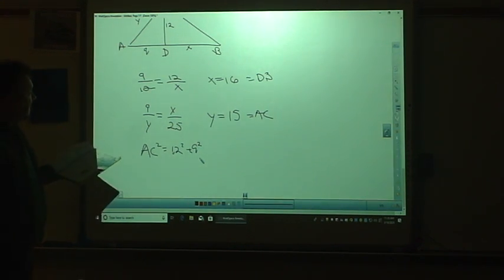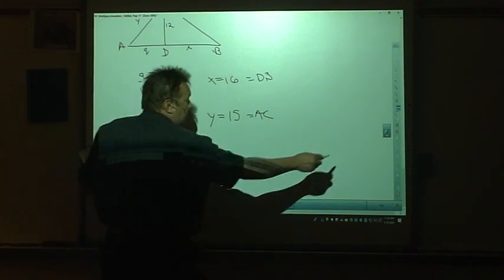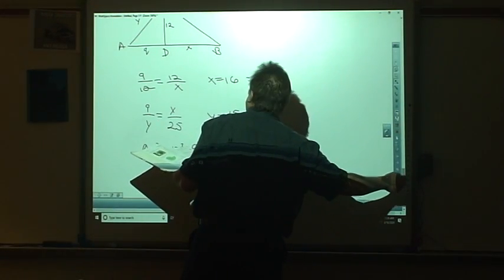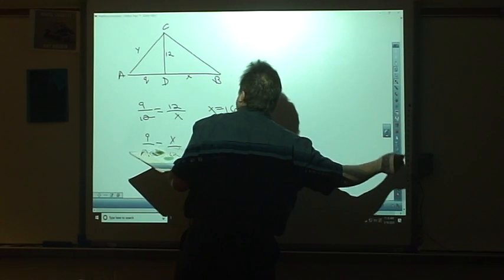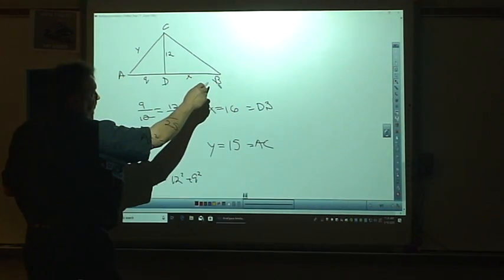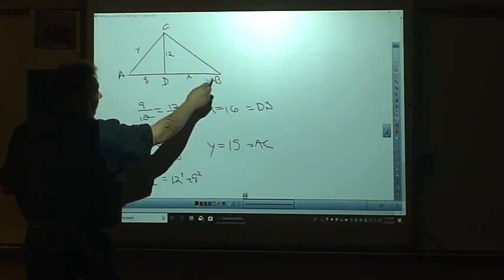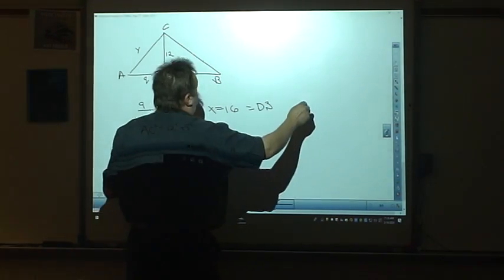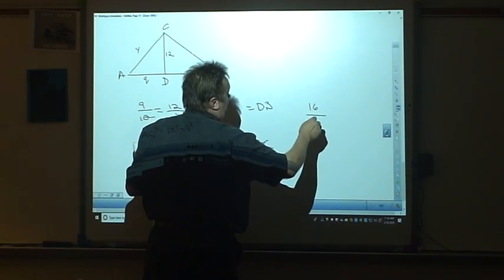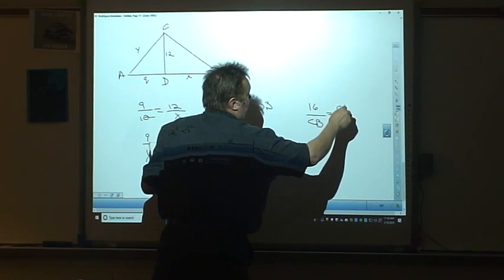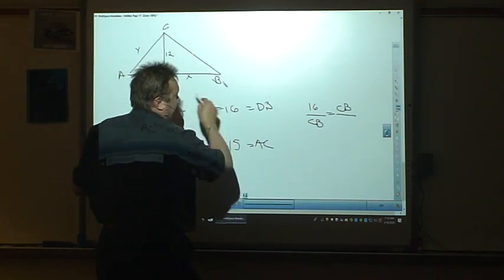24, we're going to find BC. That is this segment here. So I know this part is 16. So I'm going to do 16 over CB equals CB over 25.